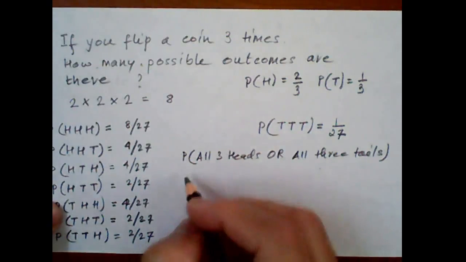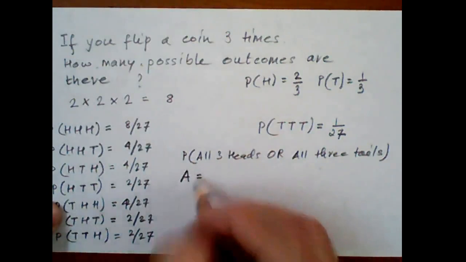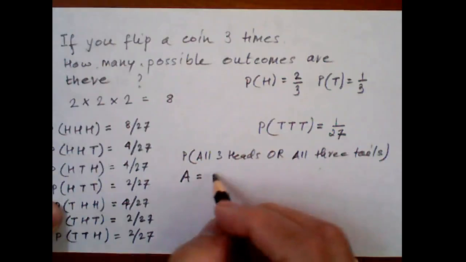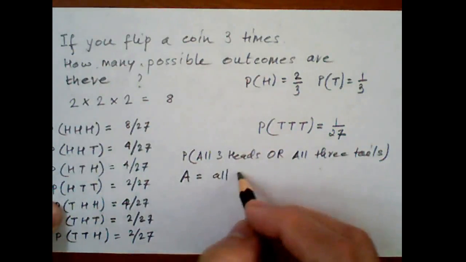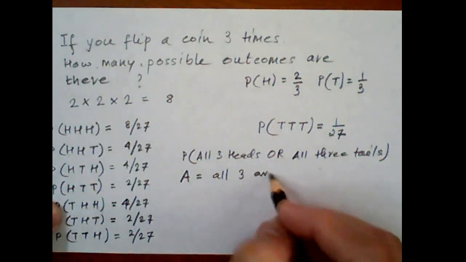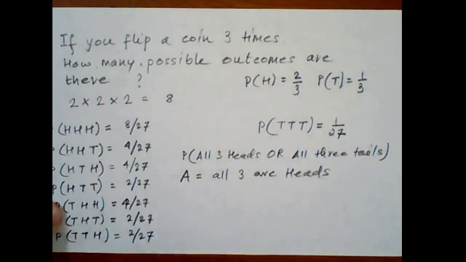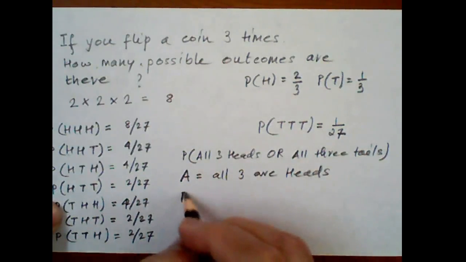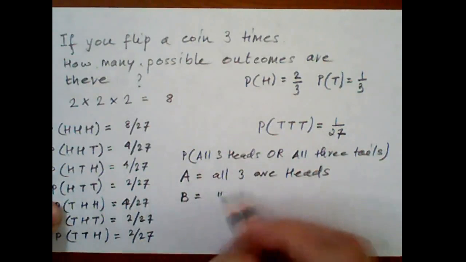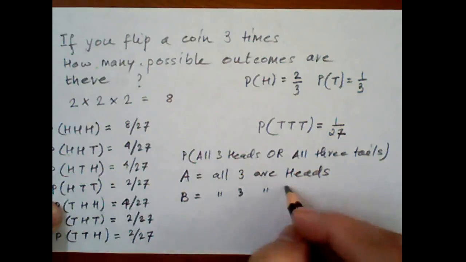you are defining an event A such that all 3 are heads, and you're also defining another event B, which is all 3 are tails.